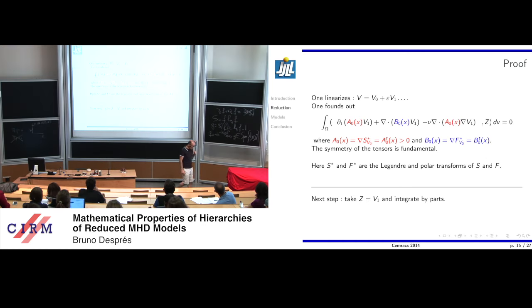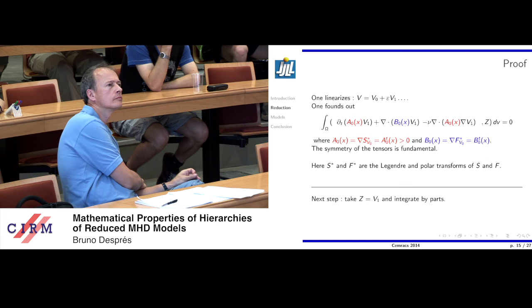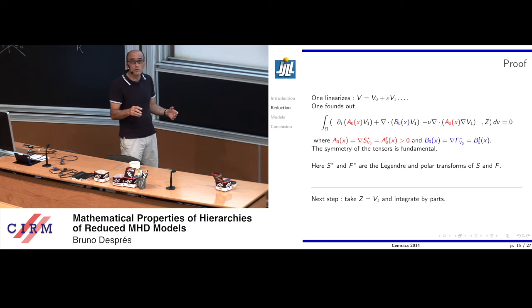Here, this is the linearization of the equation using the v variable. And the good point is that if you do that, thanks to this possibility of writing the equation with the Legendre transform of the S star and F star, then if you linearize the equation around a certain given profile, you have symmetric matrices. And it's well known that symmetric matrices are a very good approach for the conditioning of linear systems.